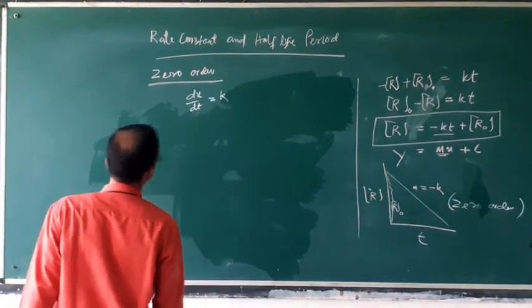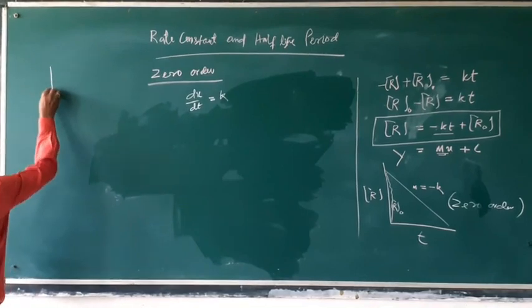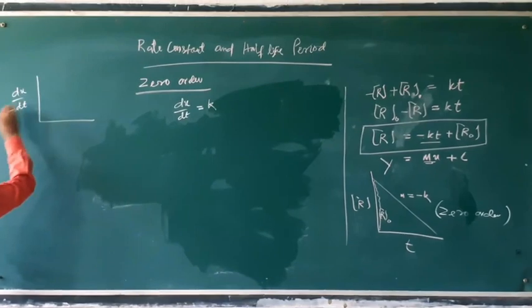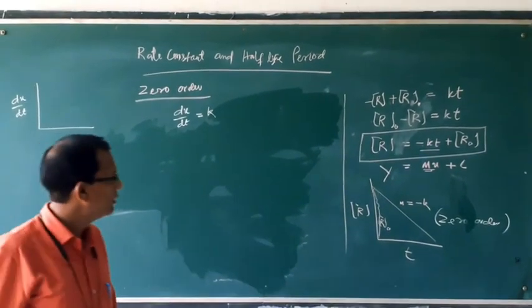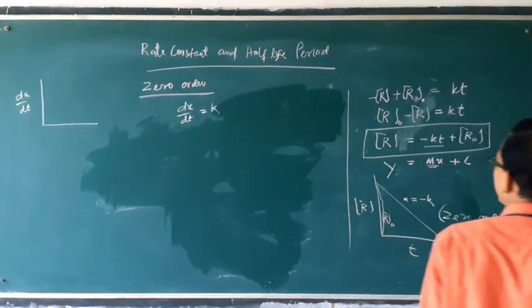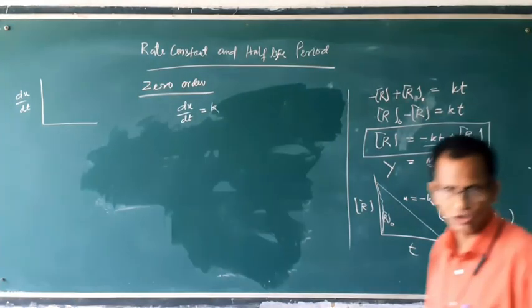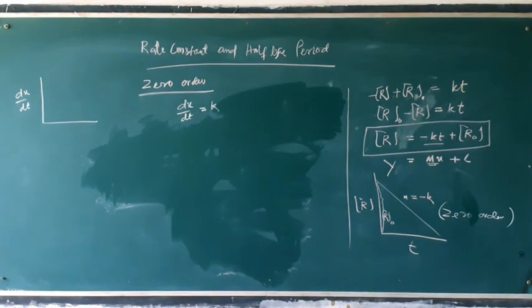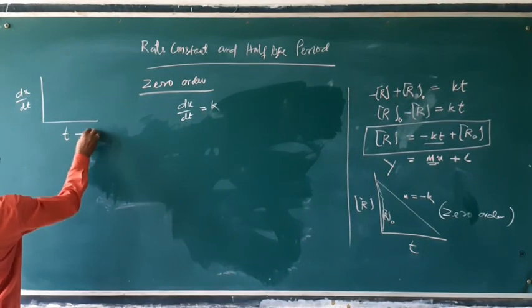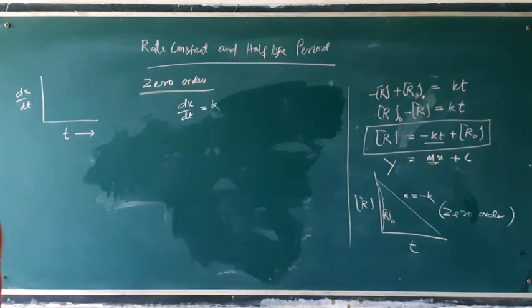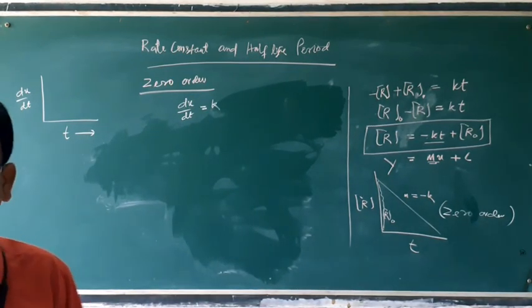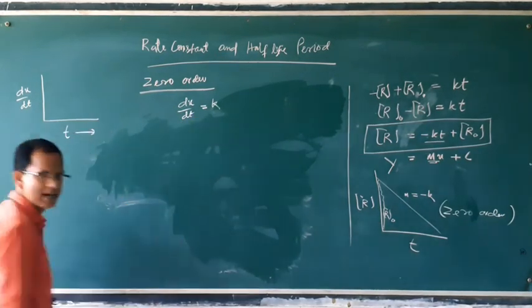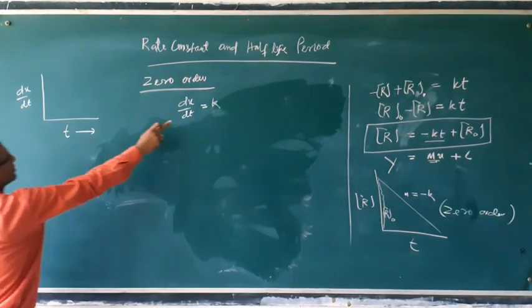So if we draw the graph of rate dx by dt versus time, as it is a zero order, dx by dt is equal to k, so it is a constant value.